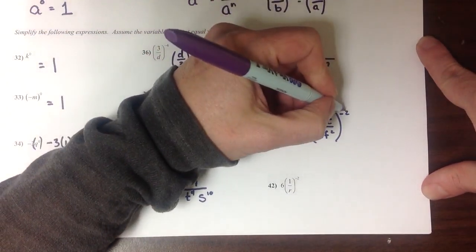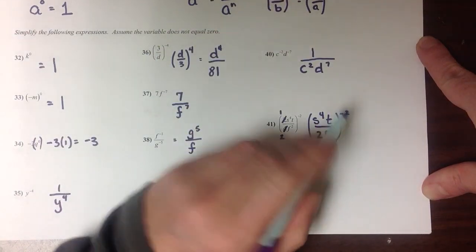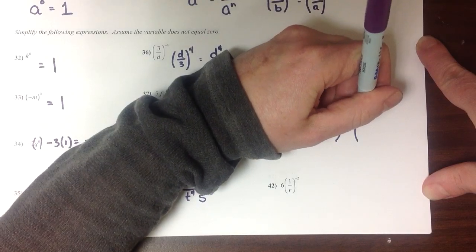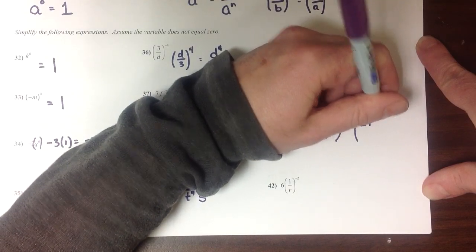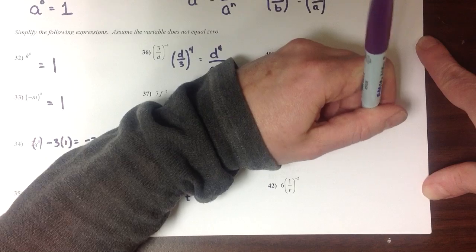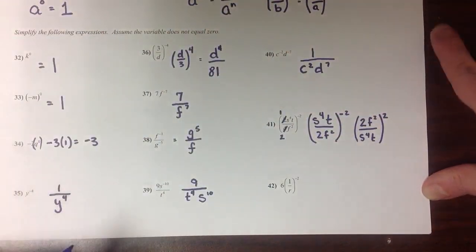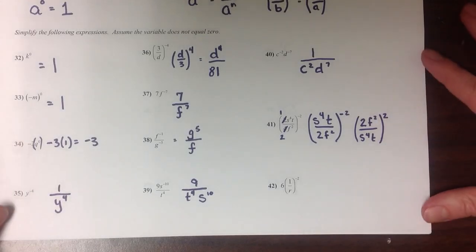So we'll have those two switch places using their negative. This is going to become 2f squared over s to the 4t. Elevator pass used, so it's now just squared.